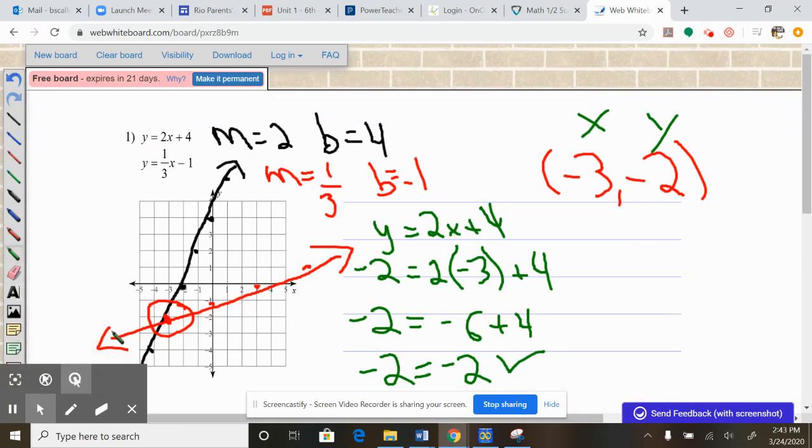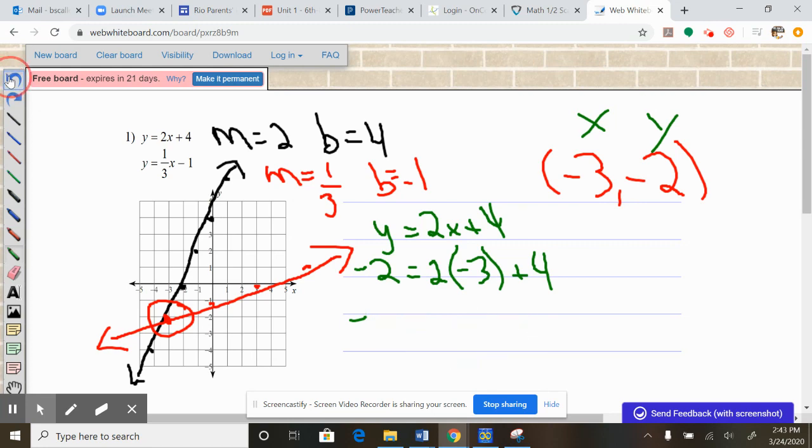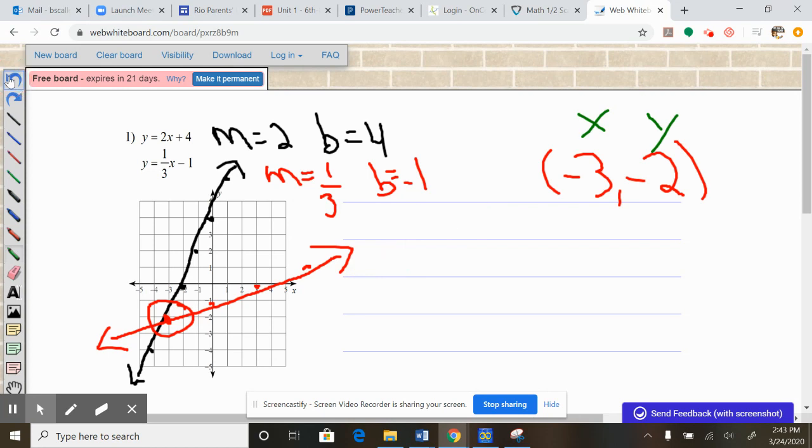So since that gives me a true statement, I know -3, -2 is a solution to that equation. I also have to check if it works for the other equation. If I plug it into the other equation right here, that would be -2 equals 1/3 of -3 minus 1.